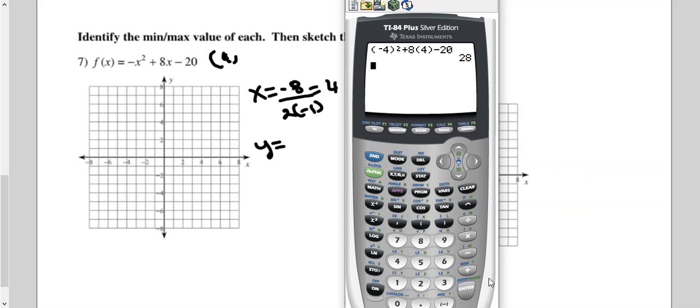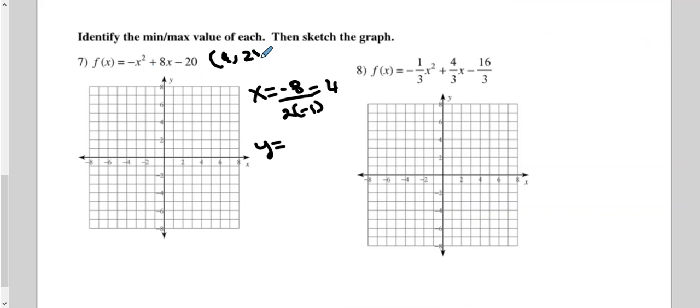So my y-coordinate, is that right? Negative 28. Now since this is a negative function, you know your parabola is going to go down like that, and the y-coordinate is at 28. I know it's not on the scale, so this will be a maximum at 28.